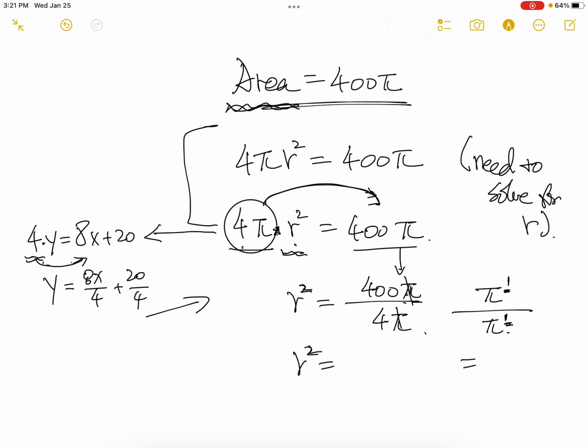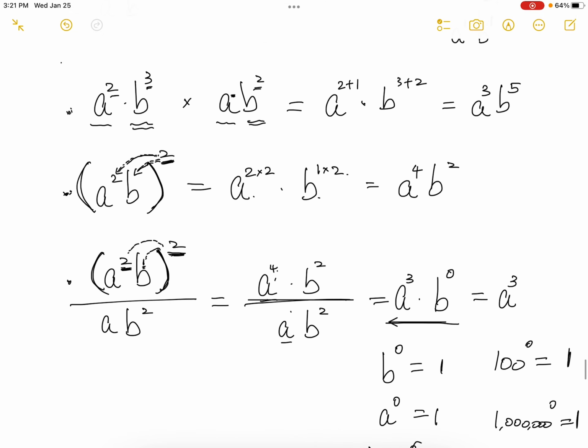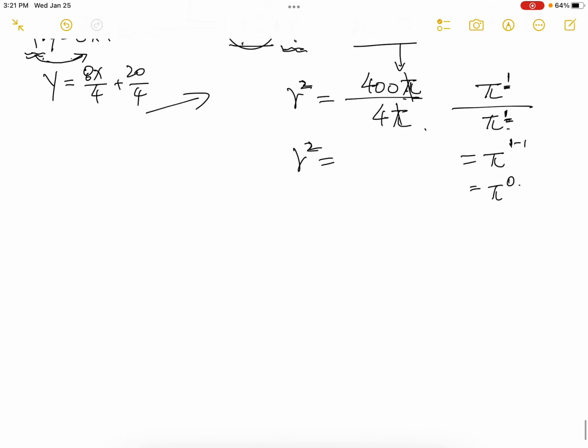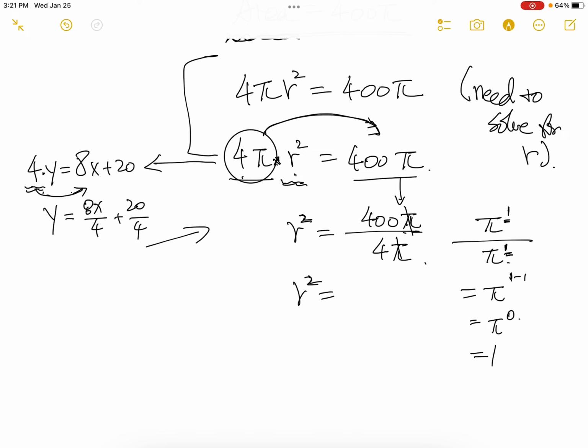If you apply the exponent law, this is pi to the power of 1 minus 1 equals pi to the power of 0. And earlier we said anything to the power of 0 is 1. So that would make this equal to 1.